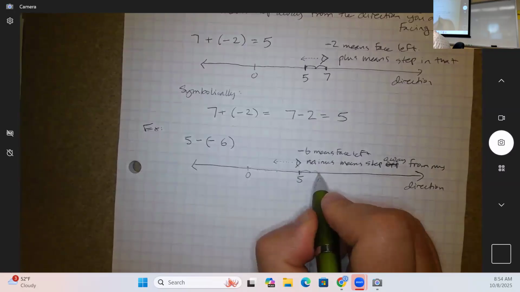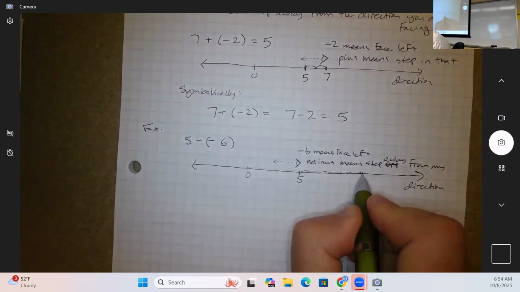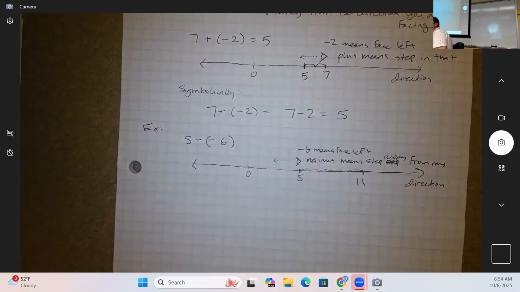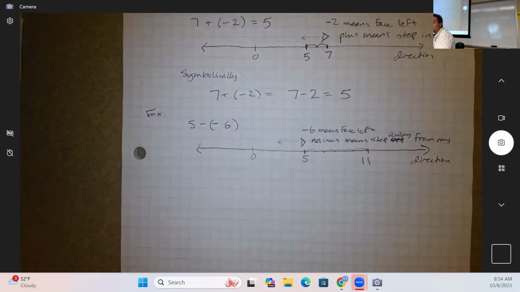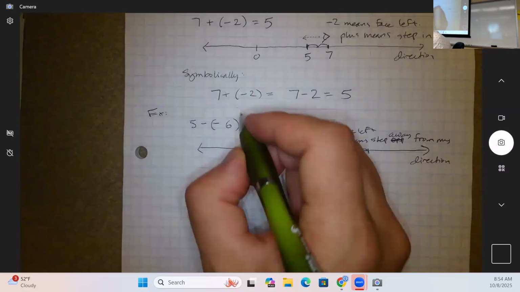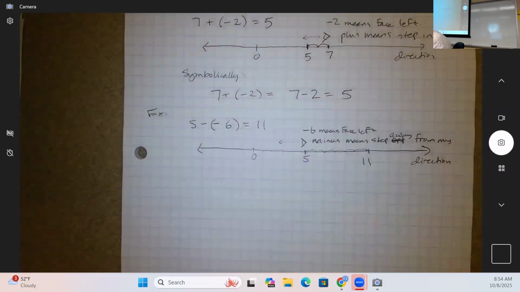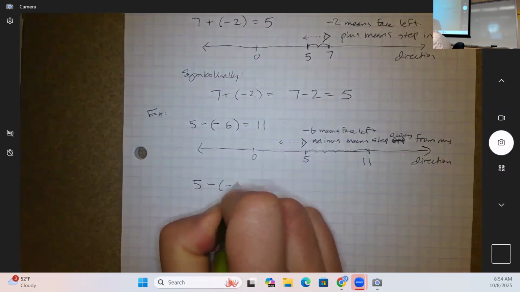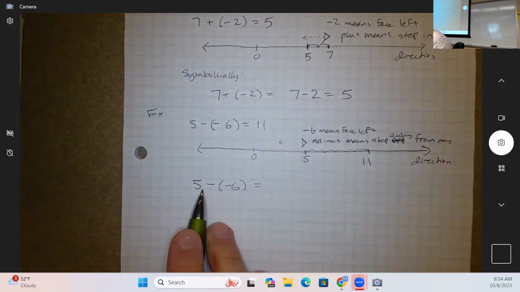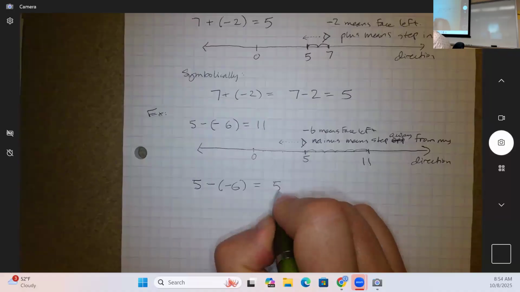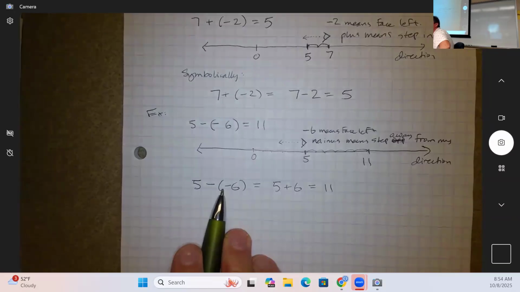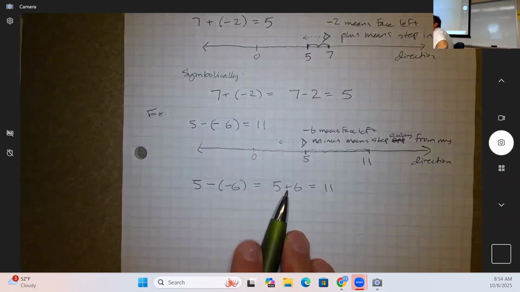So I go 1, 2, 3, 4, 5, 6, stepping away from my direction, and I end up at 11. 5 minus -6 is 11. And if we wrote it symbolically, 5 minus -6 is the same as 5 plus +6. Subtracting a negative is the same as adding.